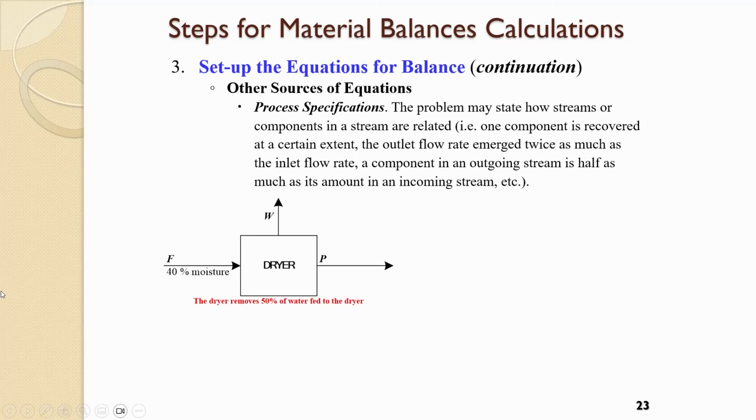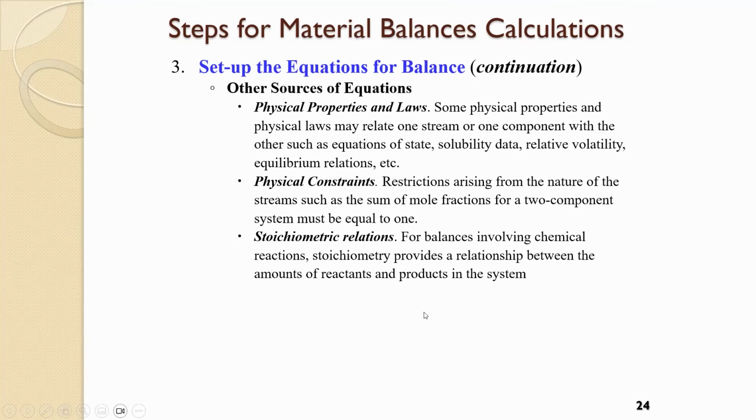So in here, you'll notice 40% moisture, and here the dryer removes 50% of the water fed to the dryer. And then some other sources are physical properties and laws, physical constraints, and stoichiometric relations.